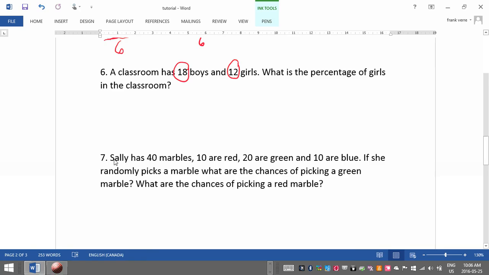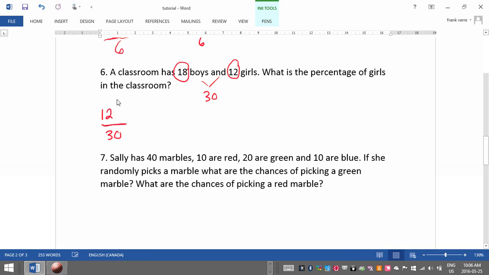Okay, so it's always out of the total. So how many kids in total are there? There's 18 and there's 12. That adds up to 30. So there are 30 kids in total. Now, what is the percentage of girls in the classroom? Well, there's 12 girls.